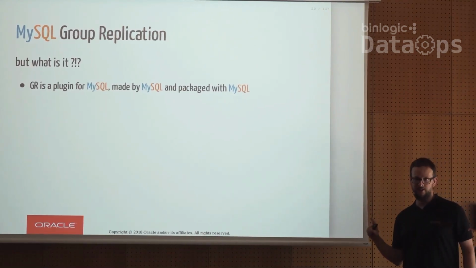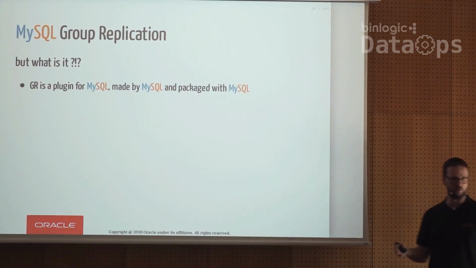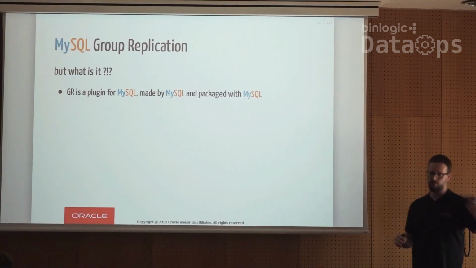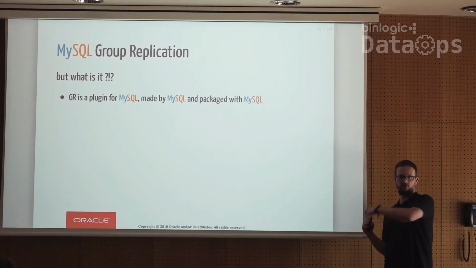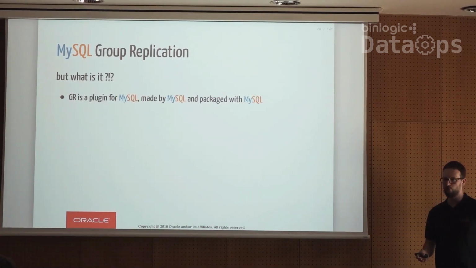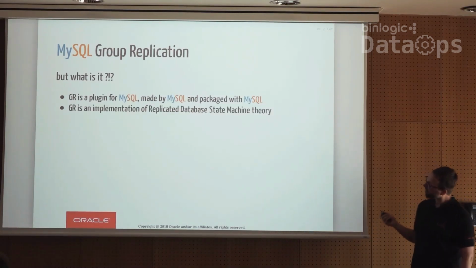This doesn't replace asynchronous replication. This is yet another replication way, and you can mix them. So you can mix group replication with semi-sync replication or asynchronous replication. A group can be a slave. A group can be a master. You can mix all that. There is no problem. And it can be multi-source or whatever. You can do whatever you want.